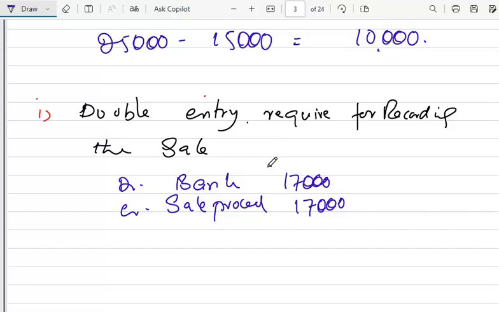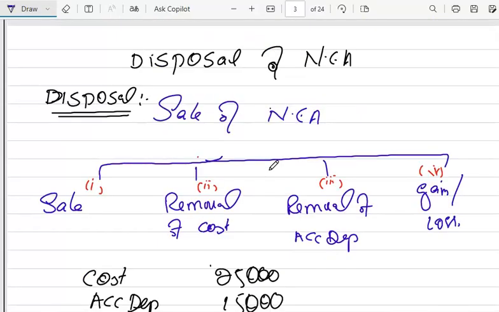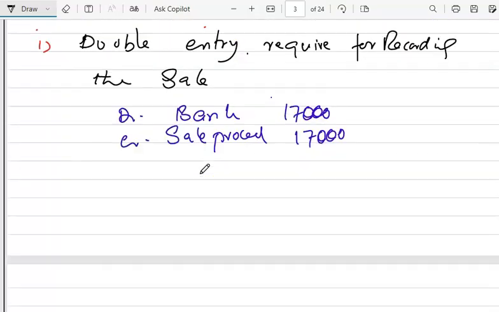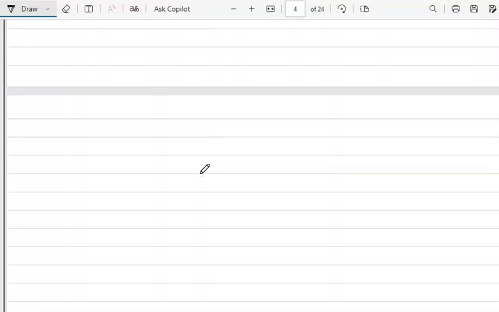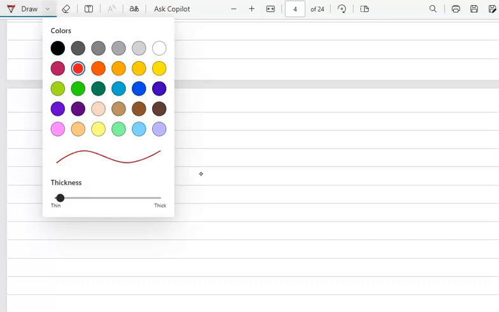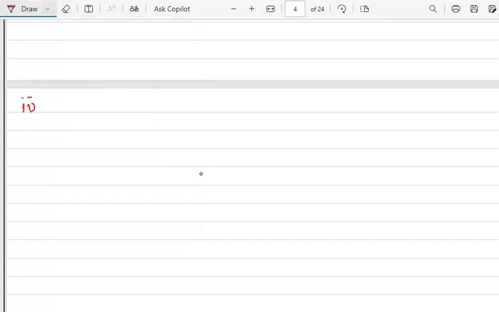Okay, then once I record them, the second step I will record is removal of the cost of the non-current assets. This will be our second entry, because I will need to remove the cost of the asset as well.